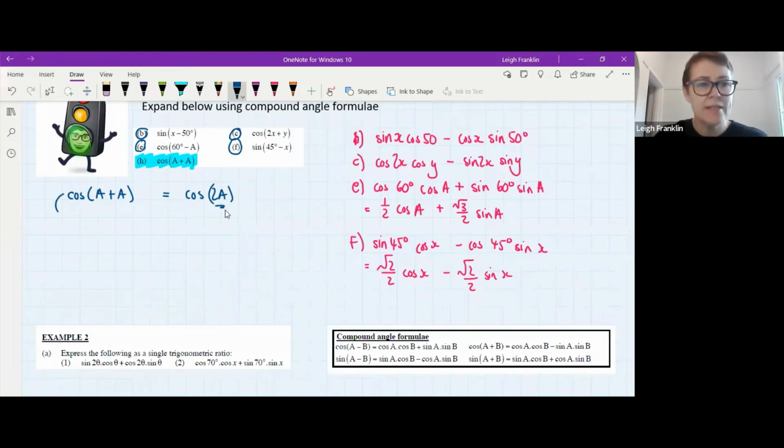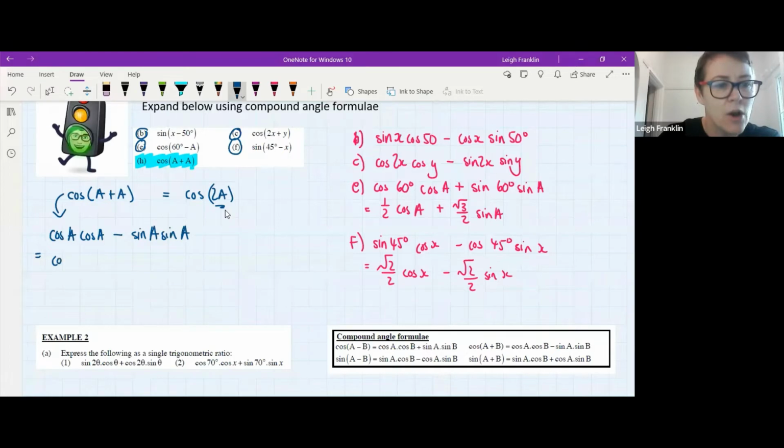But if we expand it using our compound angle formulae, you can see where this comes from. We end up with cos A cos A, and then remember it doesn't keep its sign, minus sin A sin A. That's where we end up getting cos squared A minus sine squared A, which is one of our cosine double angle expansions.